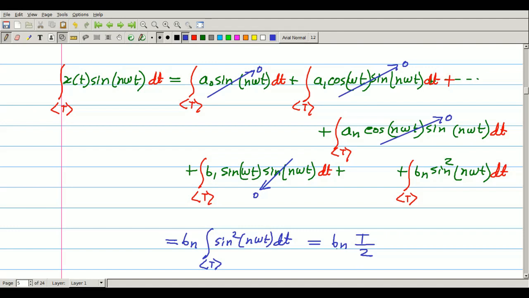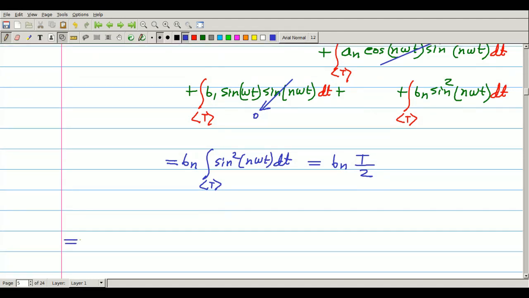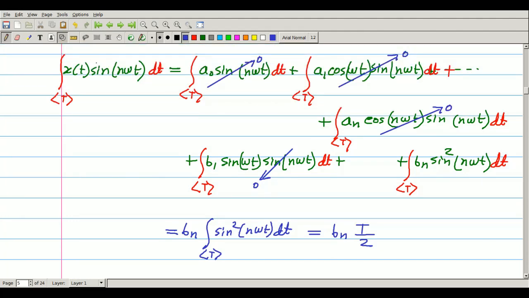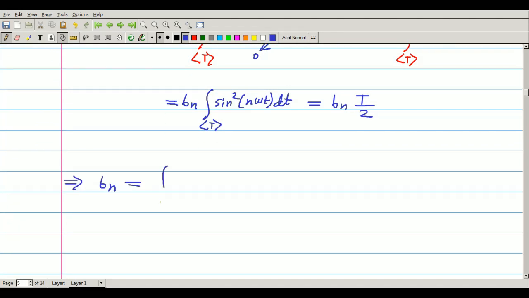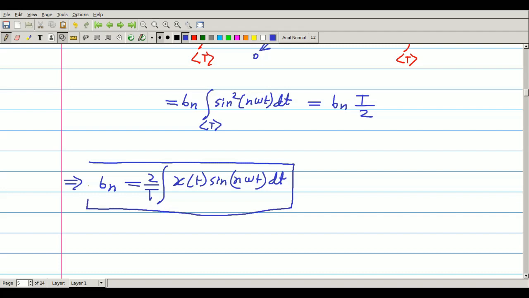Now from this we can write bn as equal to the left side here, x(t) sine n omega t dt divided by T by 2, that means 2 over T here. So this way we can calculate what should be the values of b1, b2 and in general bn.